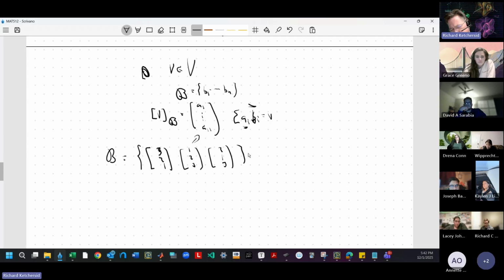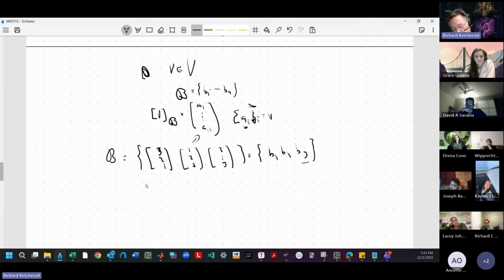So now this is a specific example. That's a basis. You can check, you can put this into MATLAB and ask what's the rank, and it'll be 3, or you can compute the reduced row echelon form and see that it's the identity matrix, or you can take the determinant, whatever you want to do, to see that it's a basis. So this is a basis for R3.